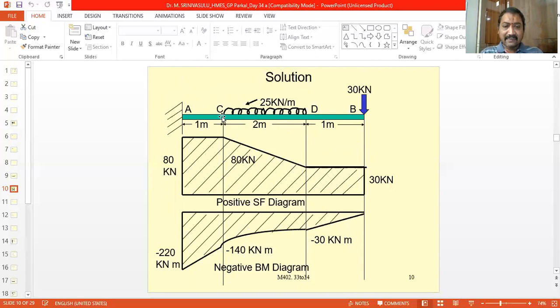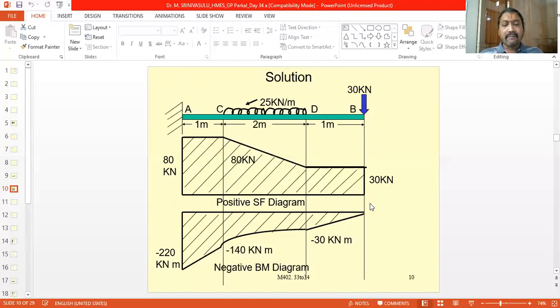This is the starting point of the UDL, and this is the ending point of the UDL. So from the salient points you draw the vertical lines. Then below that, this is a zero line for the SF diagram, and also this is the zero line for the bending moment diagram. So now we have drawn the zero lines for the SF and BM diagrams.